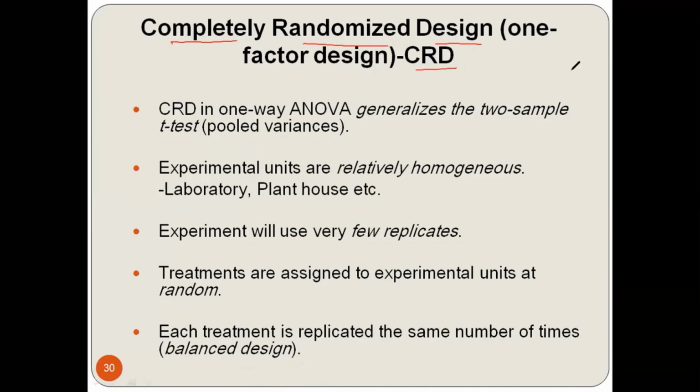Sometimes in certain books it's called a one-factor design, complete randomized design, or one-factor design, or CRD. Sometimes this CRD is also called one-way ANOVA. I will explain why it is one-way ANOVA.